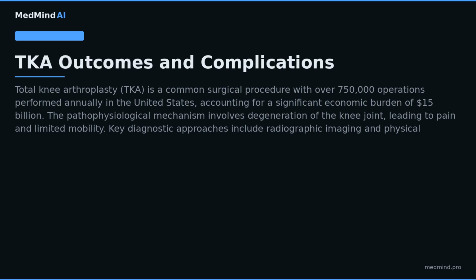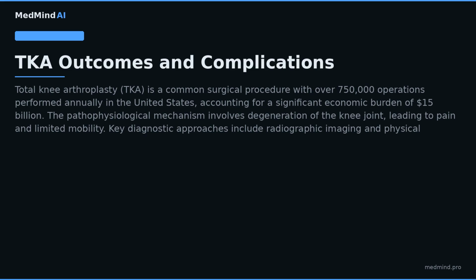TKA Outcomes and Complications. Total knee arthroplasty, TKA, is a common surgical procedure with over 750,000 operations performed annually in the United States, accounting for a significant economic burden of $15 billion. The pathophysiological mechanism involves degeneration of the knee joint, leading to pain and limited mobility.